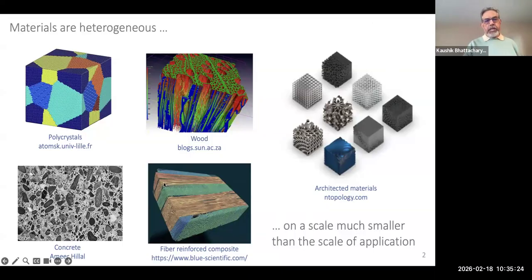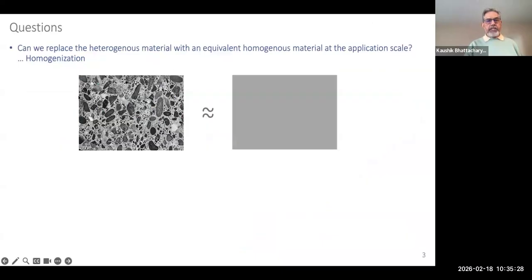So the question really that we're interested in asking is the following. Can I take this heterogeneous material and replace it with an equivalent material which is homogeneous? The idea is that the scale of application is much larger, so my application doesn't see all the fine details of the microstructure.